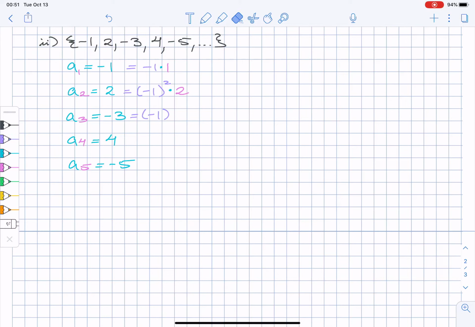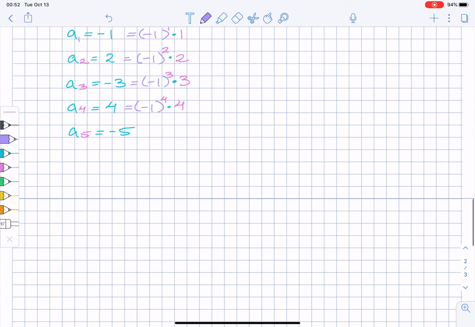Let me be explicit here. I'll say that this is negative 1 to the first power times 1, and let me write all these exponents in pink. Then negative 1 squared times 2, negative 1 cubed times 3. I claim that the next one will be negative 1 to the fourth, because any even power is just 1, times 4.